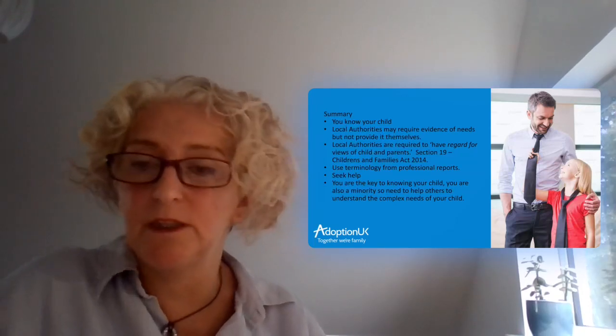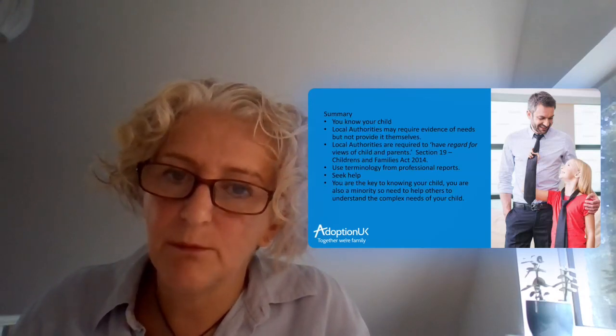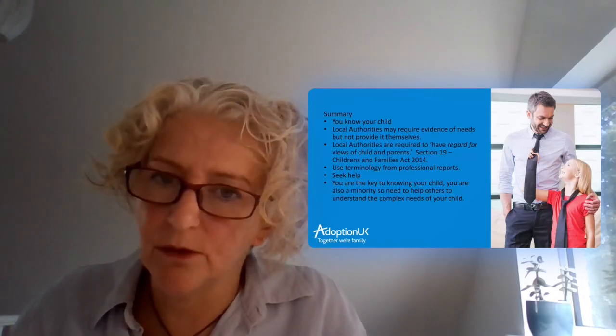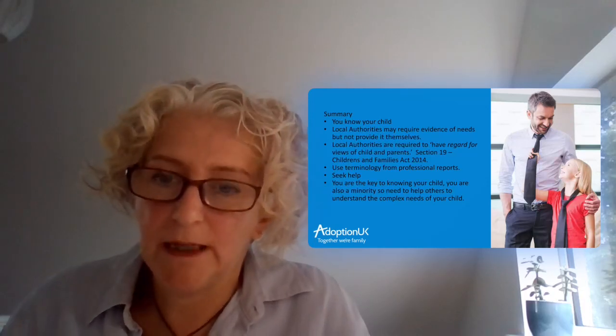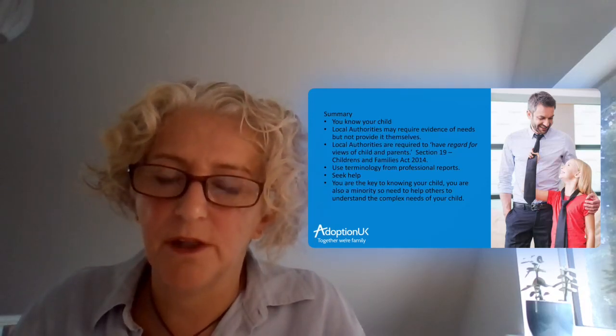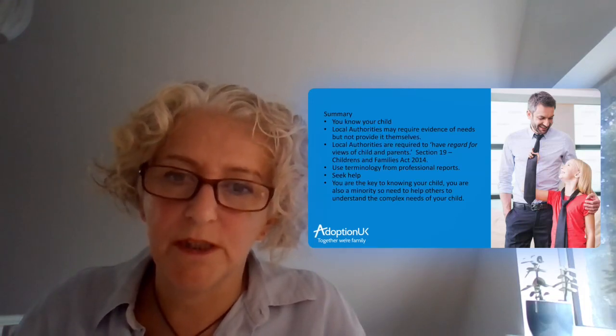Any other person involved in this EHCP process, you know them best. And remember that. Local authorities may require evidence of needs, but they may not provide it themselves. This is the challenge we're facing now. They may not be doing any assessments. So the onus has been put on us as parents, which is a challenge.